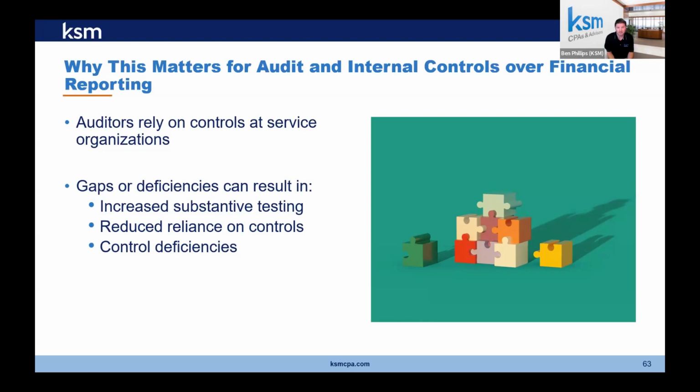If there are gaps, the auditors may increase substantive testing, they may reduce their reliance on controls, or identify deficiencies. This often surprises organizations because they assume the vendor is just handling everything automatically and everything's all good. But from an auditor's perspective, the oversight responsibilities still remain with management. So strong vendor governance generally leads to a smoother audit and fewer surprises.